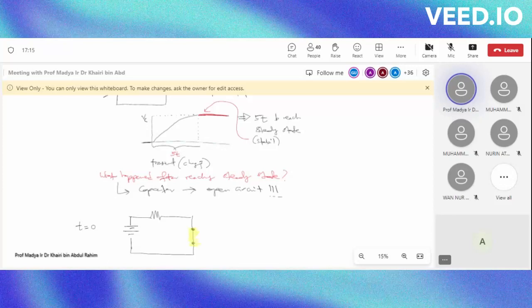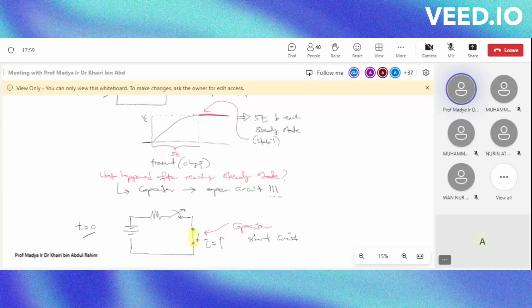So assuming there's a switch here. So at t equal to 0, the switch close, zop, close. So at that particular moment, the capacitor acting like a short circuit. Okay. Which means current here is very high because there's nothing in between here. It's like short circuit, zoop, okay, current zoop.